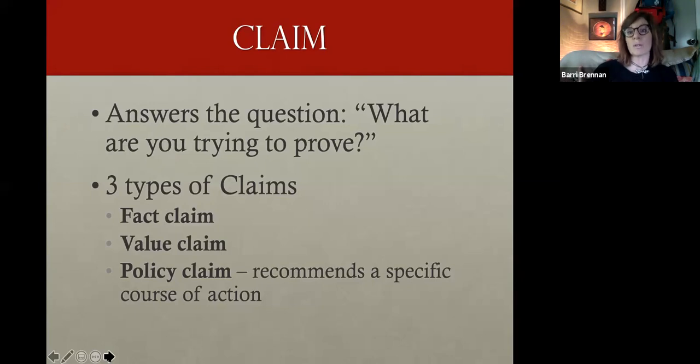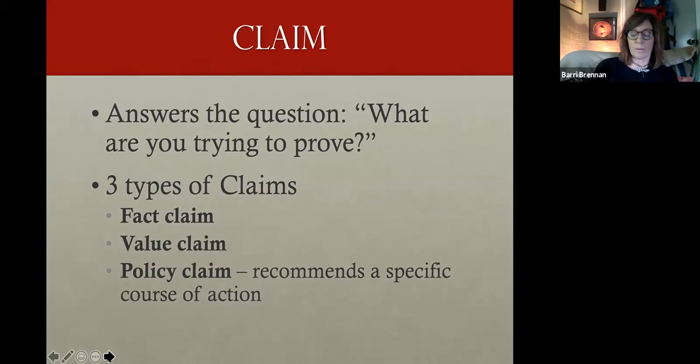Maybe we should let them go extinct. I'm talking off the top of my head right now, but the point is that a policy claim recommends a specific course of action. The Endangered Species Act already exists, and that's my timer.